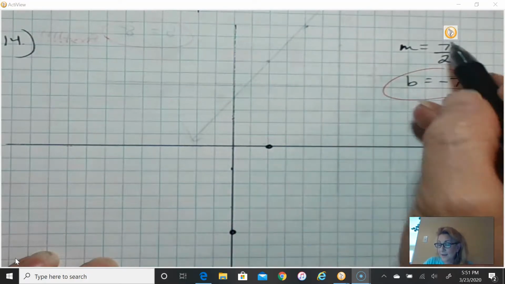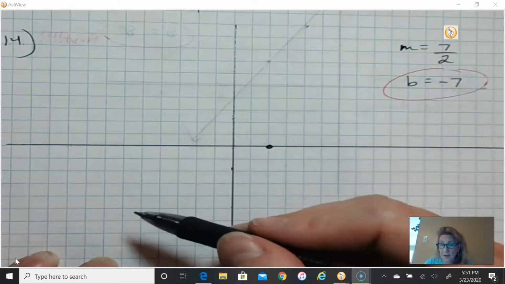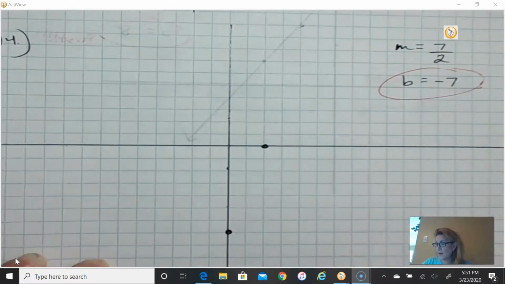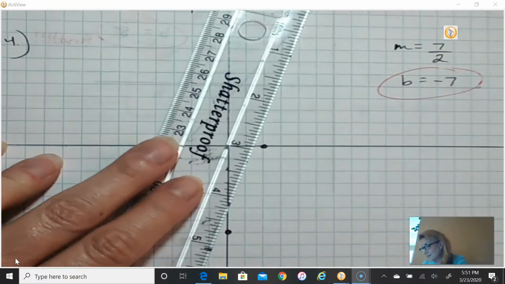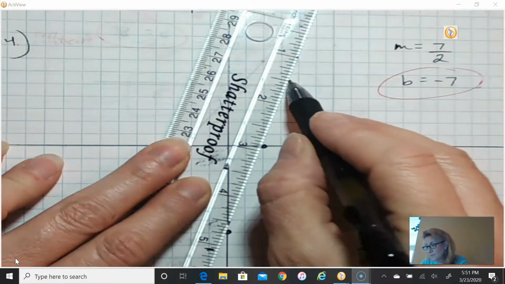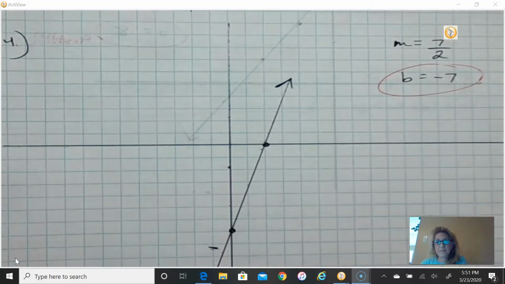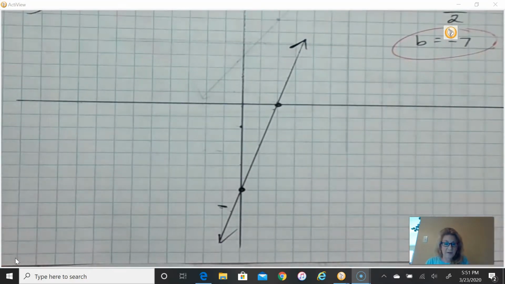If it was -7, you'd go down. If it was -2, you'd go left. Remember that. So then connect your dots. There you go. Hopefully your graph looks like mine.